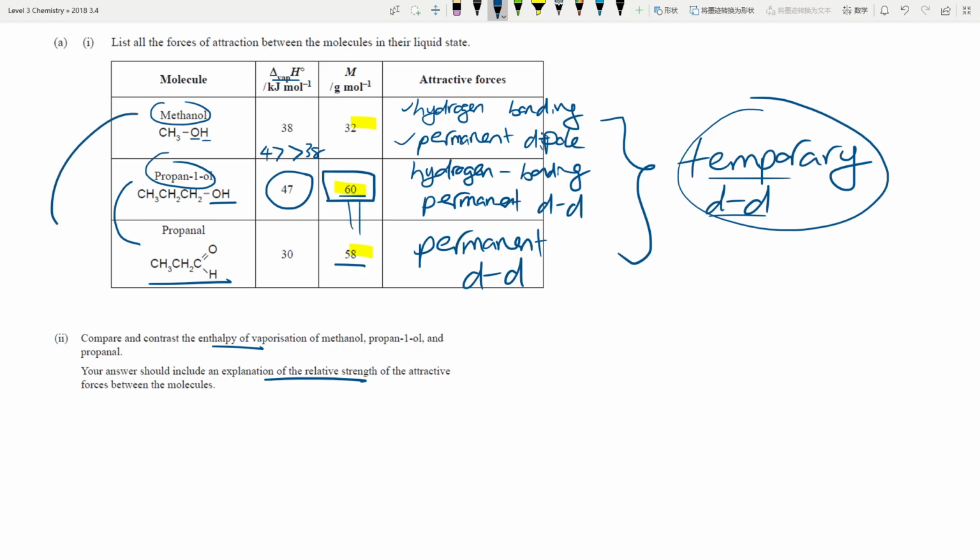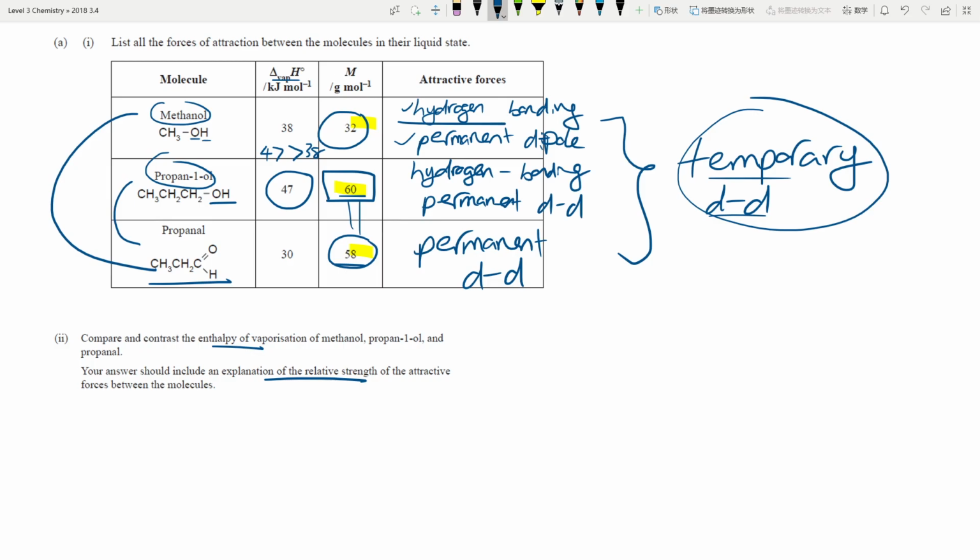If I compare methanol to propanal, the methanol has a higher enthalpy of vaporization, because despite having a lower molar mass, it has hydrogen bonding, which is the strongest intermolecular force. That's why it takes more energy to break those.